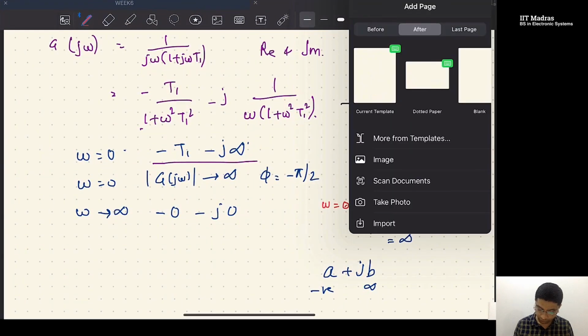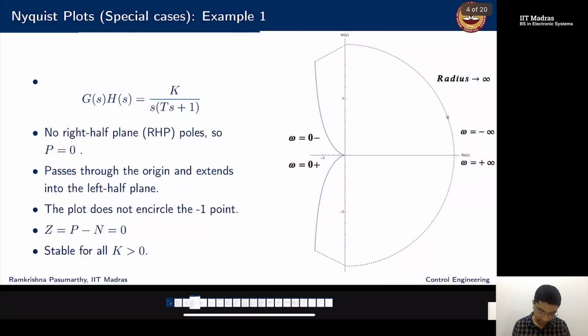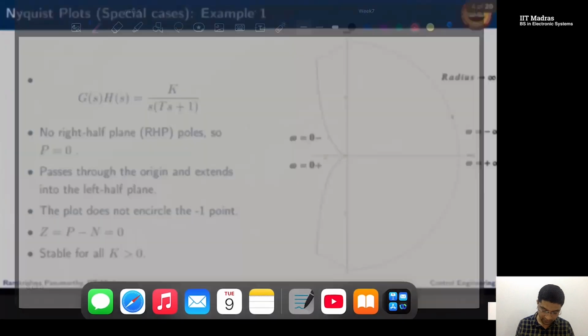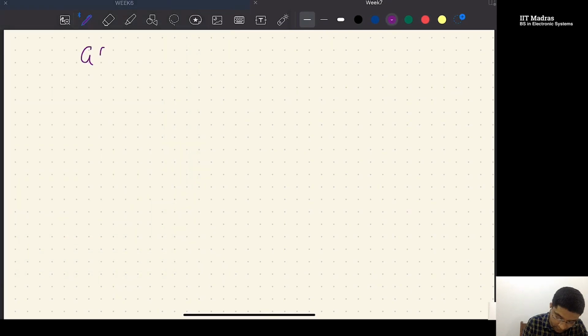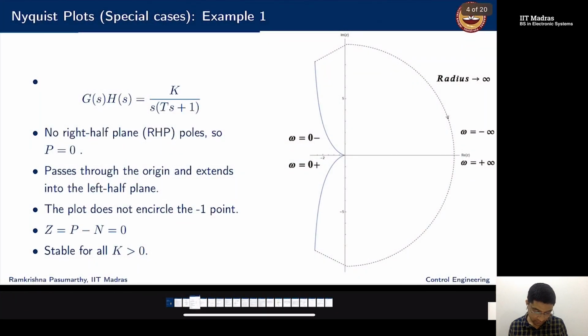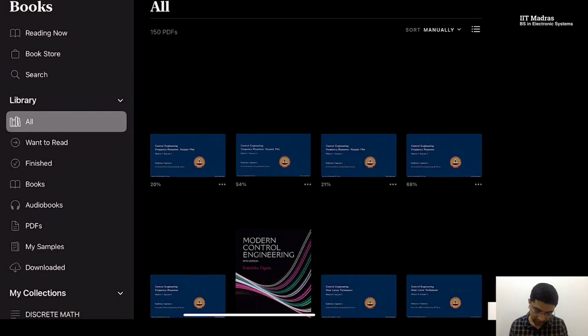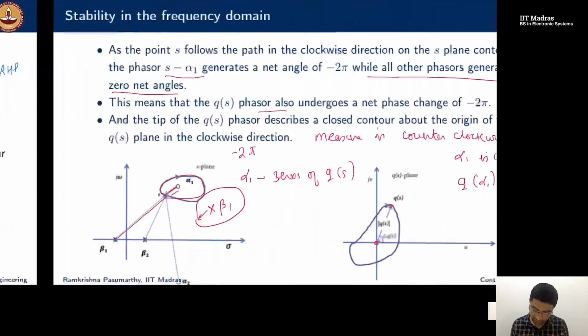The first example we will look at is G of s equal to 1 over s times (Ts plus 1). Let's see if we had done something like this before. Let me look at the plots here, 1 over s times (Ts plus 1).